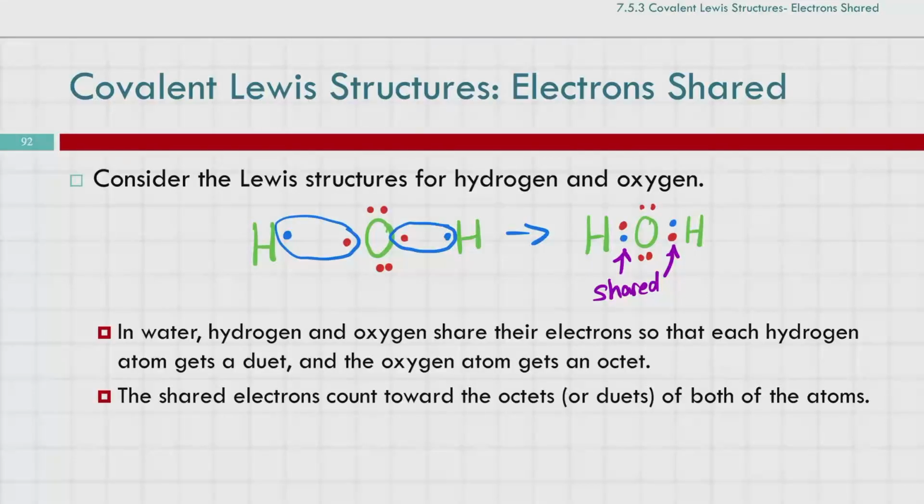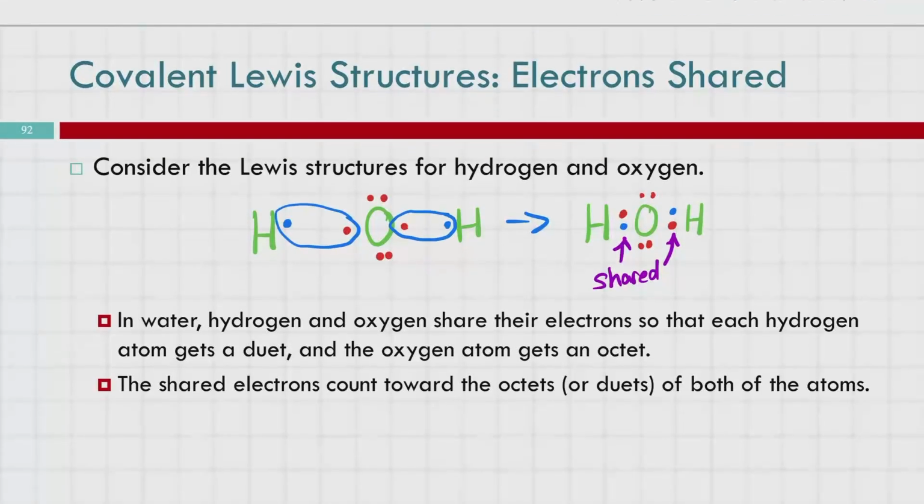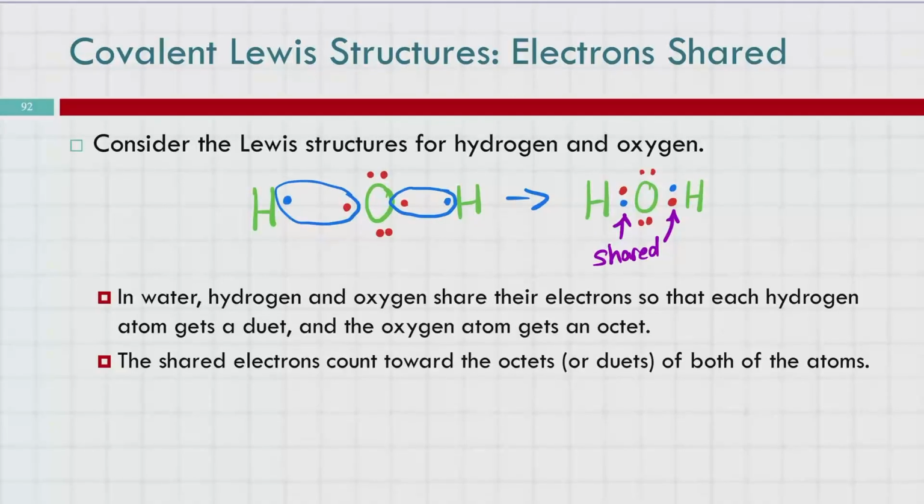Notice that we don't have any brackets, any landlines, any fences. That means that they're sharing. This is what I was talking about earlier: this is one of the reasons that we have brackets for ionic compounds, to show whether we're sharing or not. So hydrogen has its duet, oxygen has its octet, and everyone's happy.